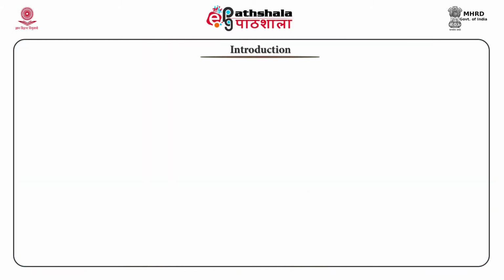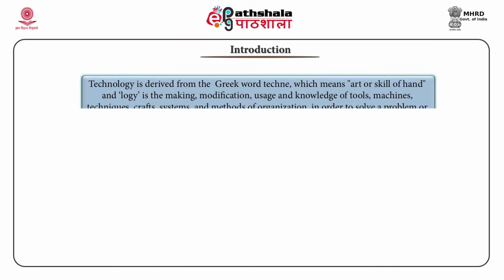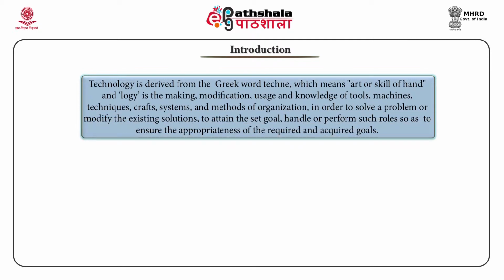Introduction to Module 1. Technology comes from the Greek techne, which means art, skill, cunning of hand, and then modification, usage, knowledge of tools and machines, techniques, crafts, systems, and methods of organization, in order to solve a problem, improve a pre-existing solution to a problem, achieve a goal, handle an applied input-output relation, or perform a specific function.